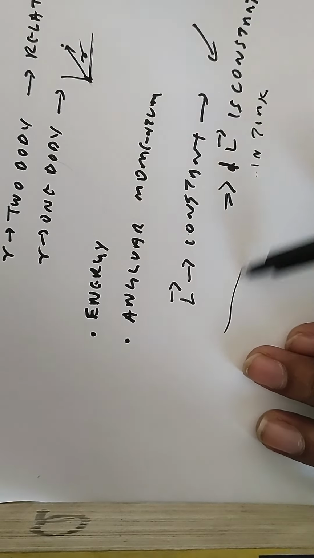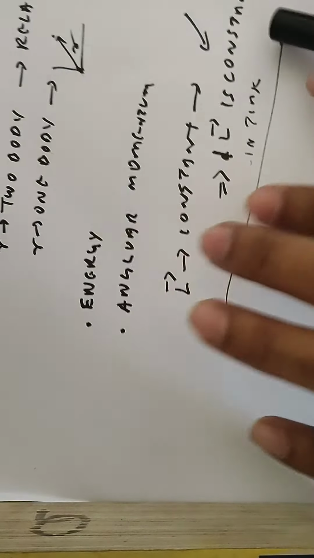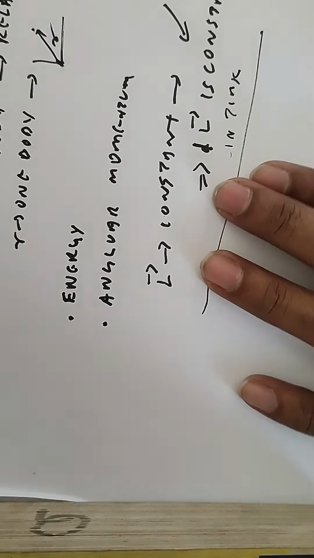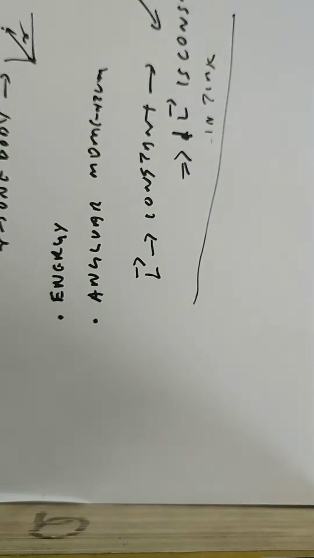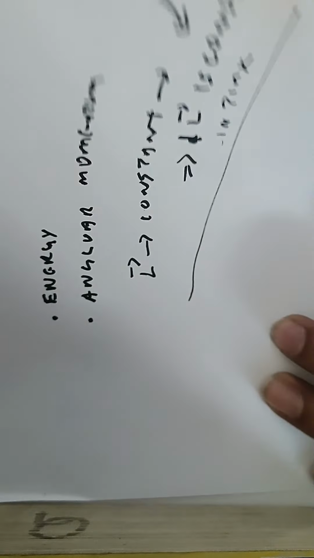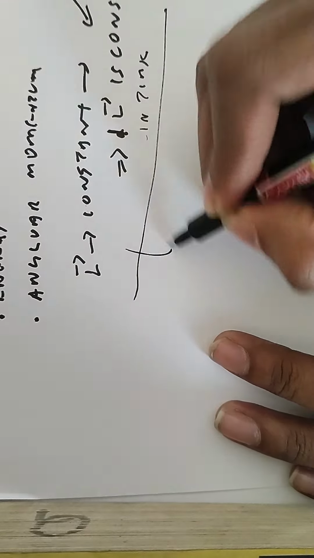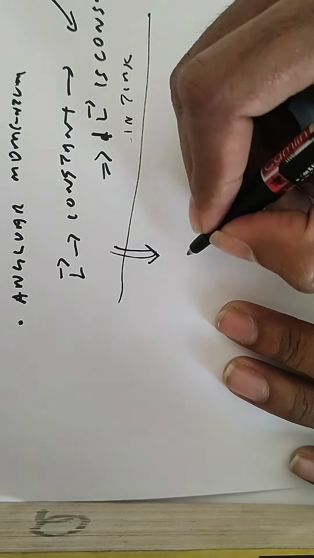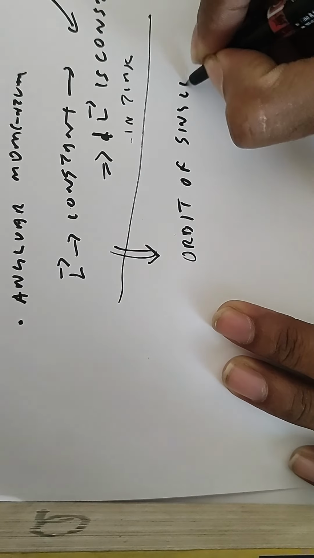I could have derived this, but it's a waste of time again. But I have also provided the equation for why L is conserved in the notes, which I will send to you separately.